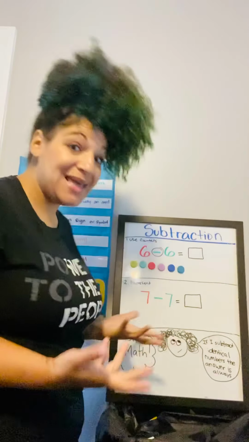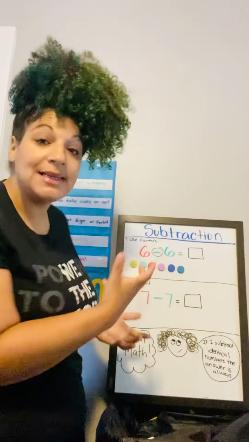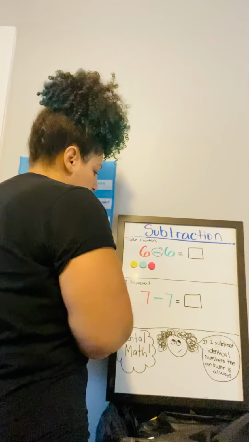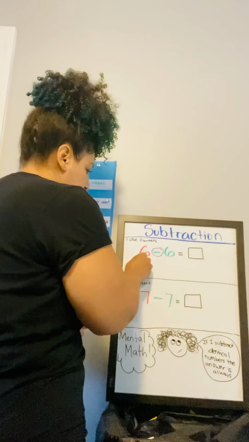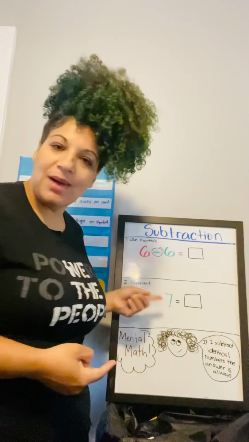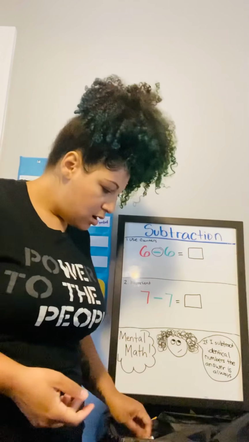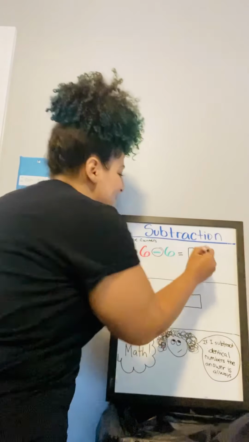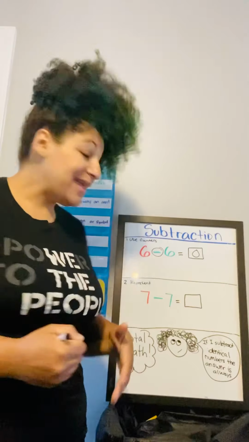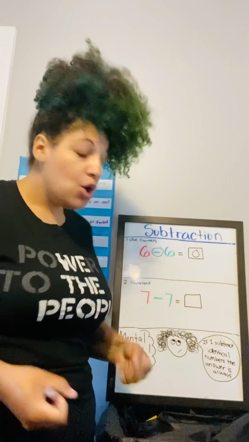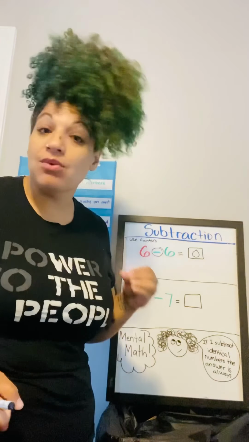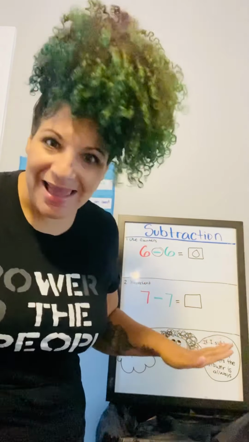So I'm going to take 6 away because that's what Linus the minus is telling me to do. Take 1, 2, 3, 4, 5, 6. I just took away 6. How many do I have left now? Right, I have 0 left. I started off with 6. I took that identical same amount away, which leaves me with nothing or 0. 0 means nothing at all.